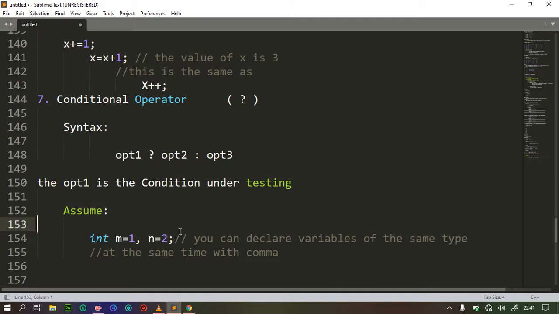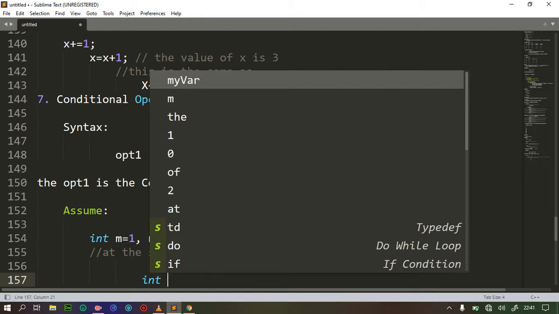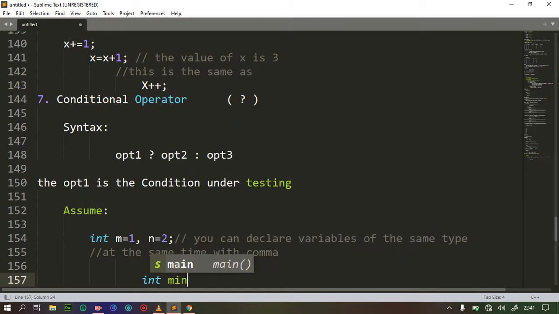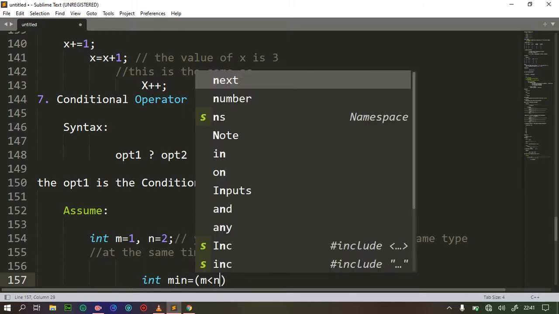So it means we are sharing one statement. M and n are both integer variables. So assume we have m and we have n. Then I'm saying int mean. I have another variable called mean, and inside mean I'm asking, is m less than n?